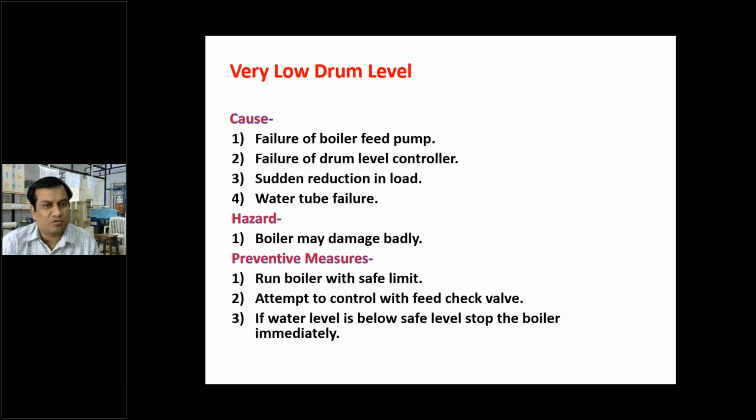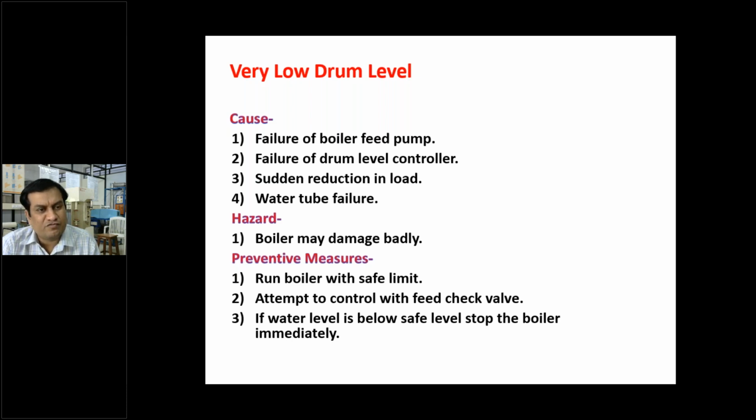Then the next operational problem is very low drum level. The cause may be failure of the boiler feed pump. You are feeding the water continuously, but if the level of water in that drum is low, then there may be a reason, that is failure of the boiler feed pump, failure of drum level indicators or controllers, sudden reduction in load, or water tube failure.